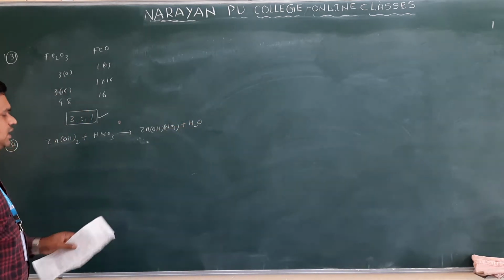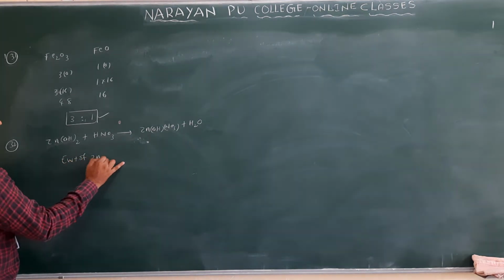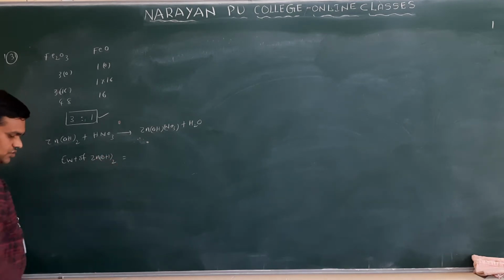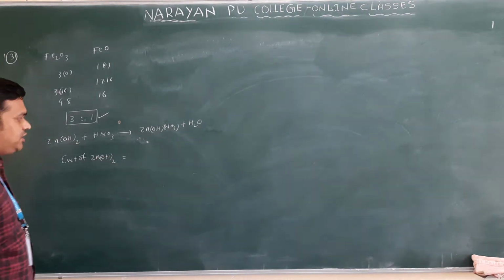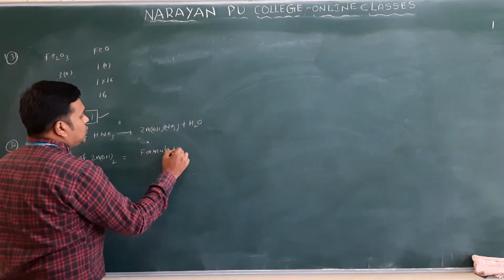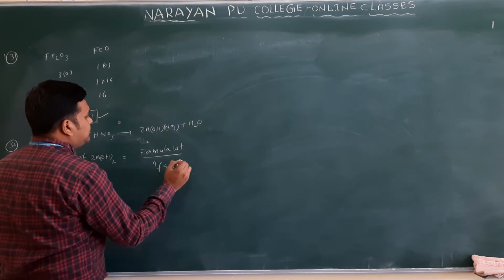What do they ask here? The equivalent weight of zinc hydroxide. So generally how can you find the equivalent weight? Equivalent weight is equal to formula weight by n factor.